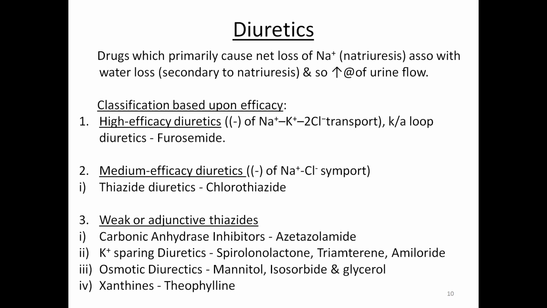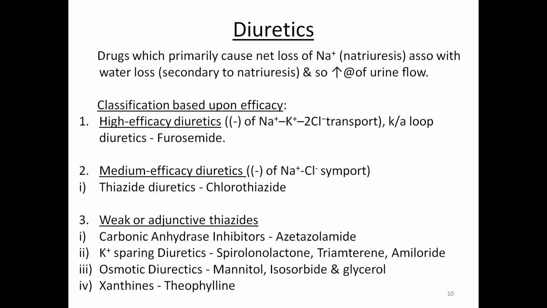Now, diuretics, another topic you will learn in detail when you study pharmacology. But for now, as I mentioned, the role of diuretics in each part of the nephron when we talked about renal handling of each ion.